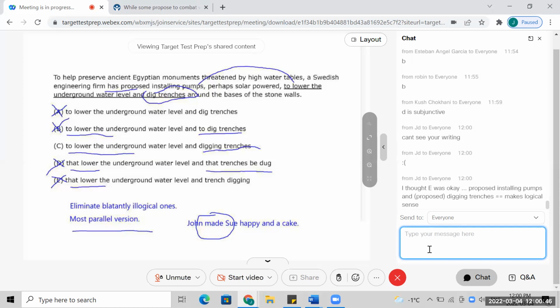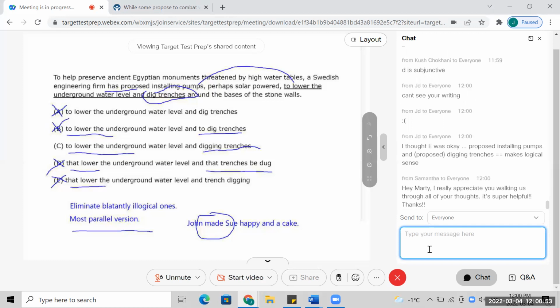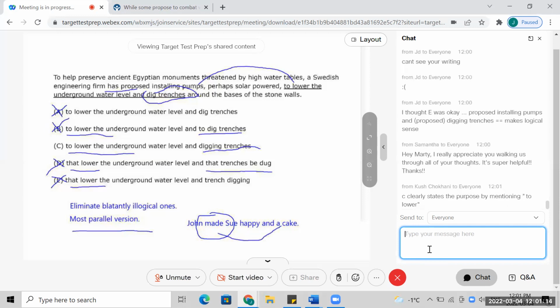We could talk about this modifier and why "trench digging" isn't quite right. It's sort of the same thing here with "proposed installing" and "proposed digging," as opposed to "trench digging." Anyway, we don't have time to go through that, but you get the basic idea, okay? If something is not as parallel, then we're probably using the word in some slightly different way between the two places it's used. So why not just choose the most parallel choice once you've gotten rid of the others.